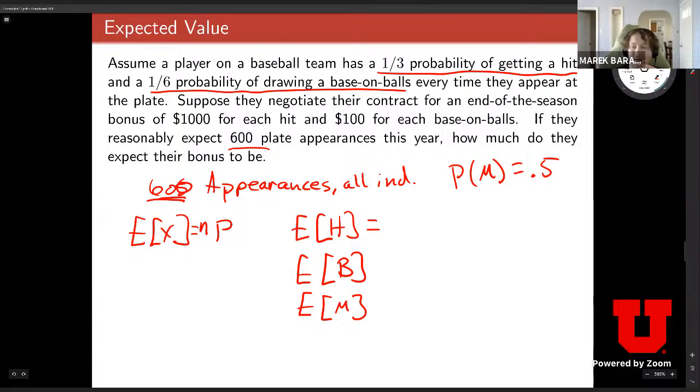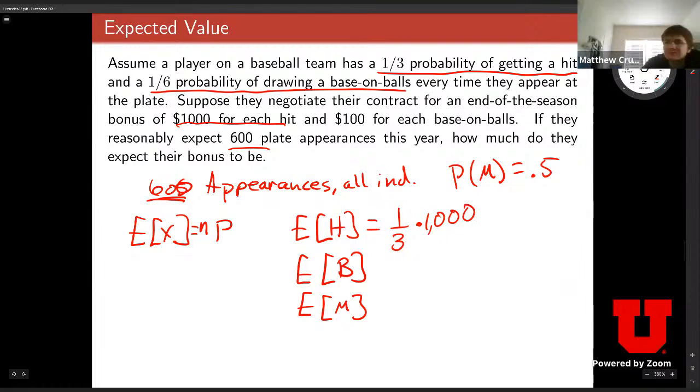So what is the expected value for a hit? Point 3. Yeah, okay, so we have 1/3 times, he gets $1,000 per hit.